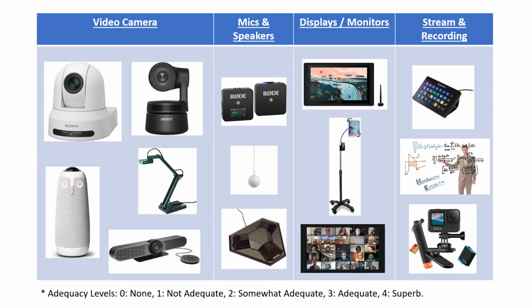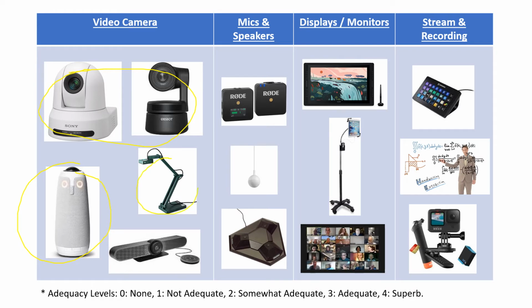So here are some sample equipment, starting with PTZ cameras that could be mounted on the ceiling or on the wall. And this is the Meeting Owl. That's one of those omni video camera, microphone, and speaker combined.